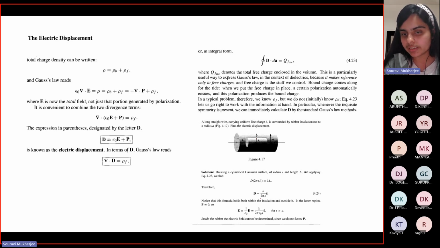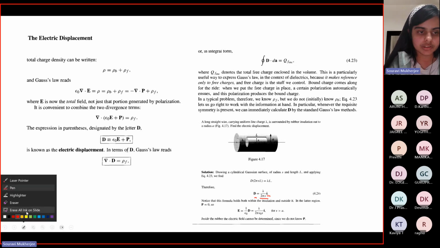Then you can directly put these values in the expression of the electric displacement vector to find the quantity. And it's important to note that it's along the radial direction, which comes from the symmetry as well, right?